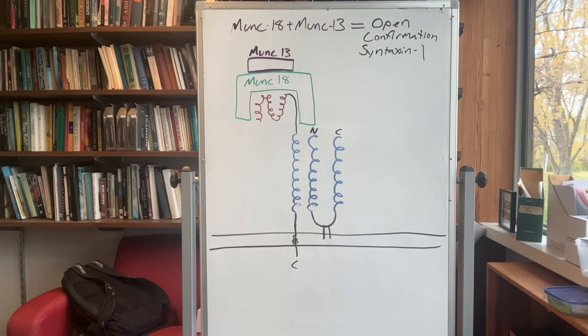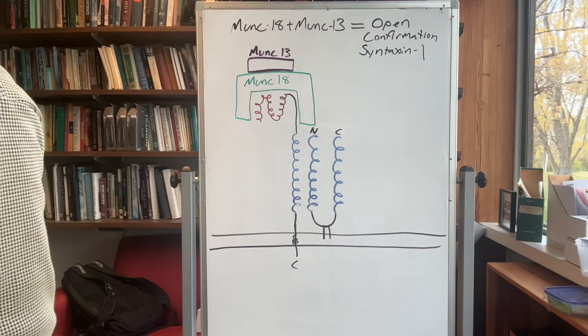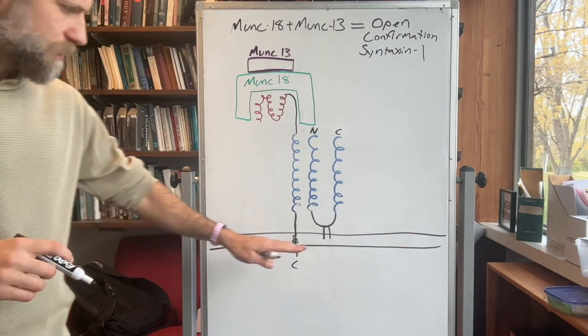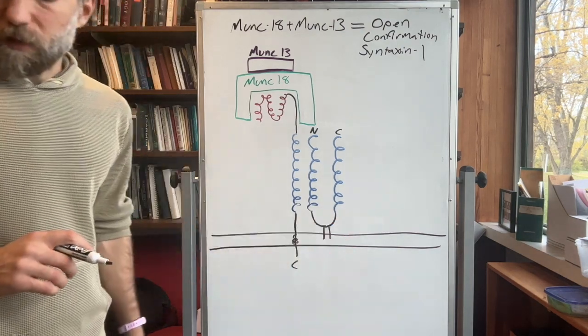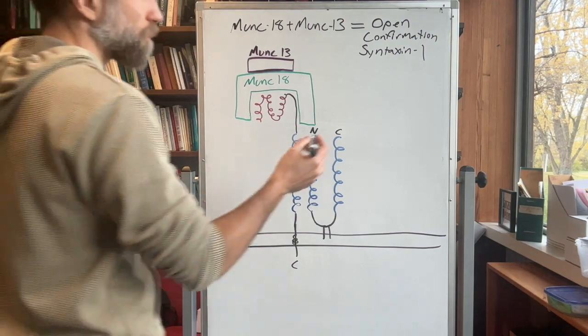Now I want to introduce not the last protein, but the last SNARE protein that is of importance for our synaptic vesicular exocytosis. And this one is not in the presynaptic membrane of the active zone, but rather it's in the vesicles.